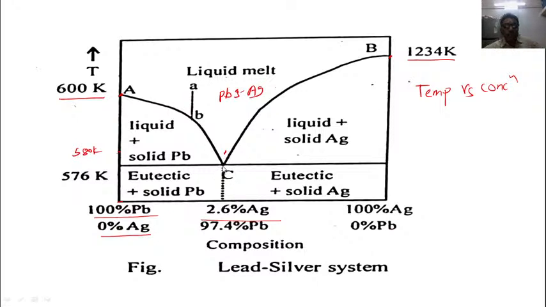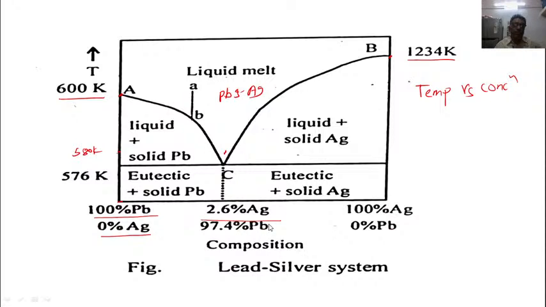But when the temperature is 576 and the composition is the eutectic composition, 2.6% silver and 97.4% lead, F is equal to 0 at the eutectic point. The system is called an invariant system or non-variant system.